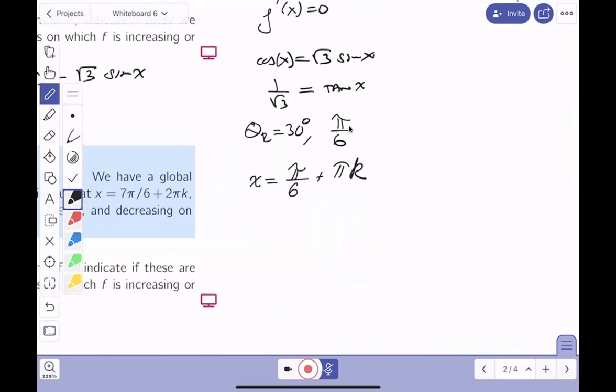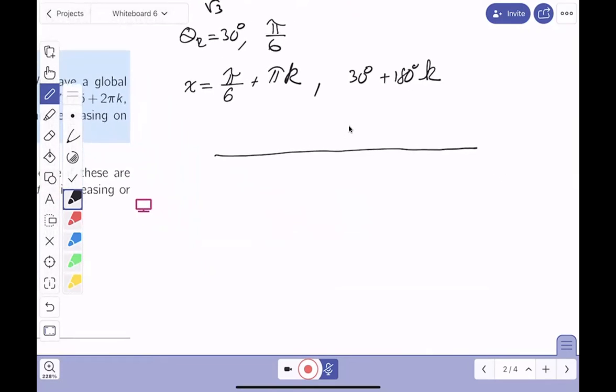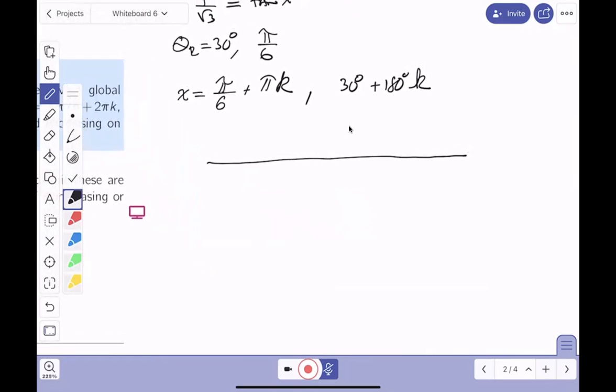Not that I want to write those as an answer down. I can't speak in that language in mathematics, but this is 30 degrees plus 180 degrees k. Right, now I'm going to put my number line down, and there's a problem with this now. There's going to be an infinite number of points to put down. What's my first one going to be?